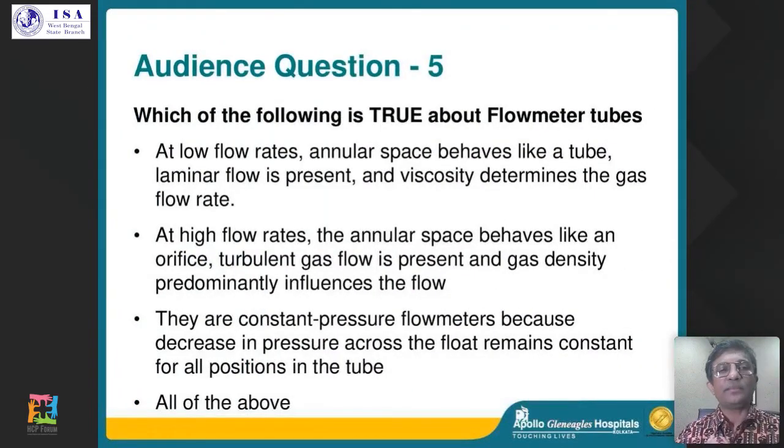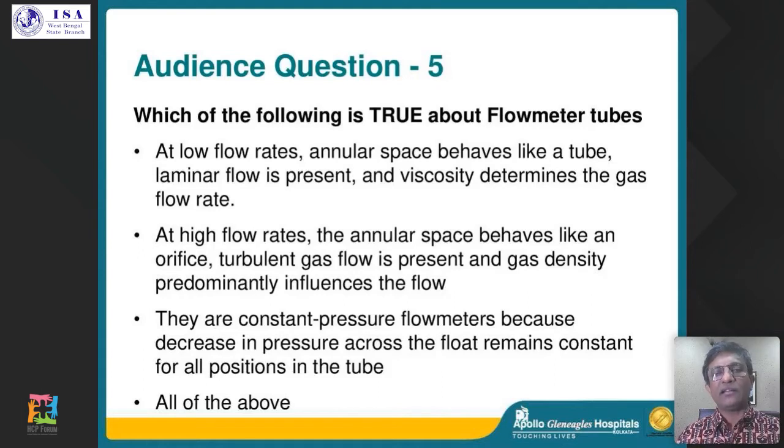So the next one, okay, which of the following is true about flowmeter tubes? At low flow rates, the annular space behaves like a tube. The flow is laminar and viscosity determines the gas flow rate. At high flow rates, the annular space behaves like an orifice.